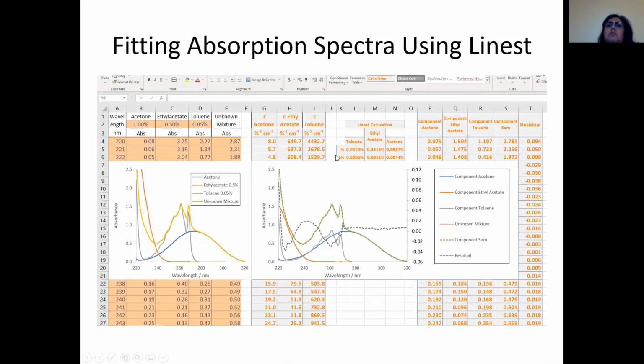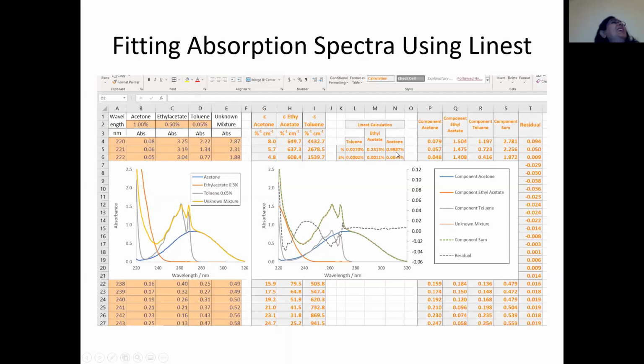And one thing that should be obvious to you by inspection is that the acetone standard and the sample have, out in this region of 280 nanometers to 320, exactly the same form, right? That means that the acetone standard and the acetone in the unknown mixture are the same concentrations.